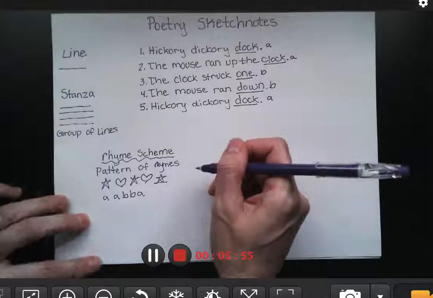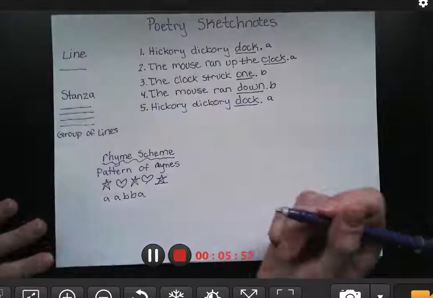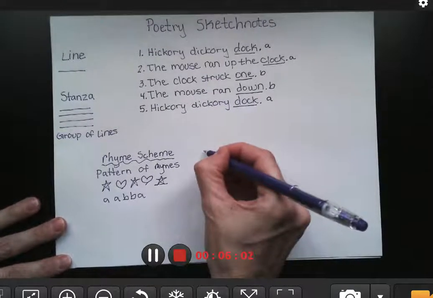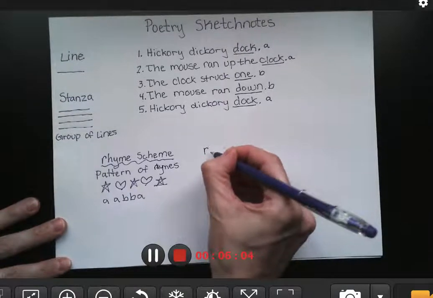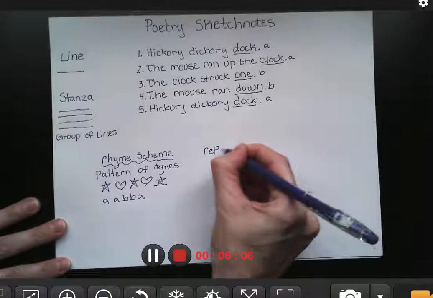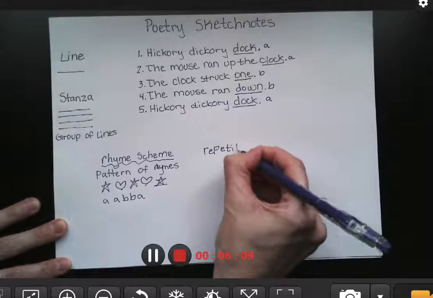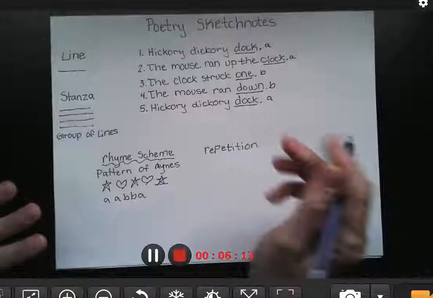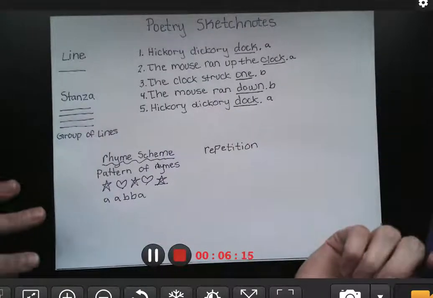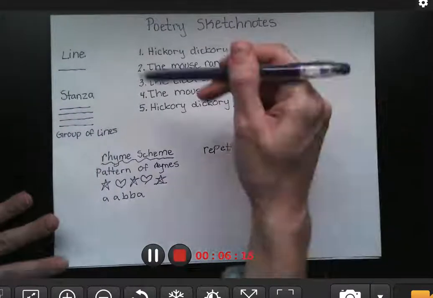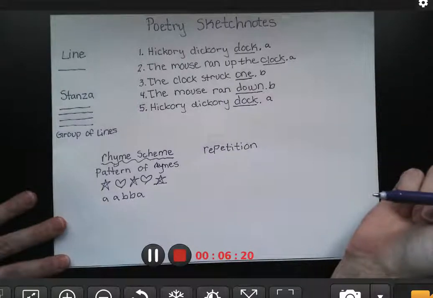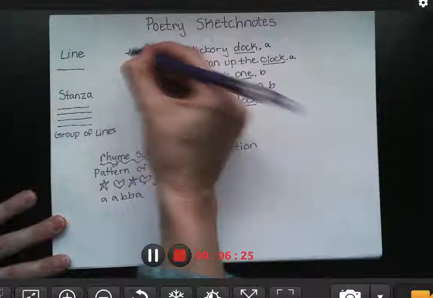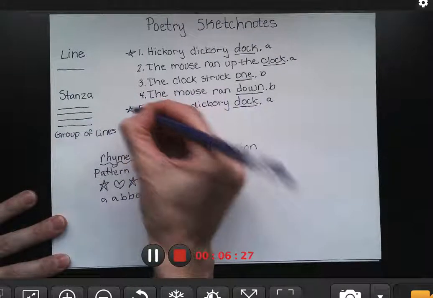So there's something else that's really interesting in this particular poem, and that's the use of what we call repetition. Repetition is when the same word or group of words is used over and over again. Do you notice anything in this poem that is used over again? You're right. Hickory, dickory, dock. It's actually repeated twice.